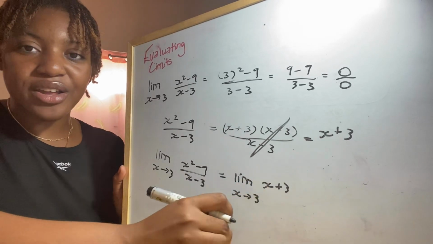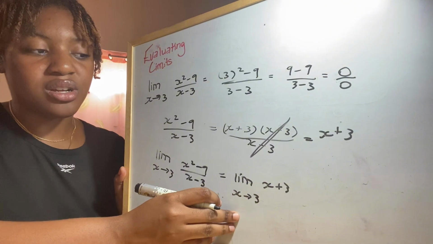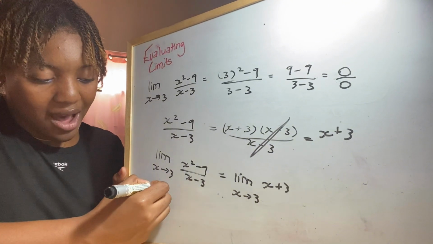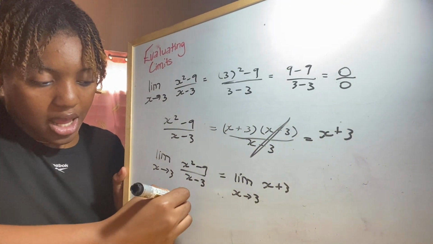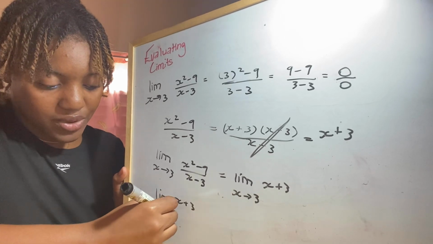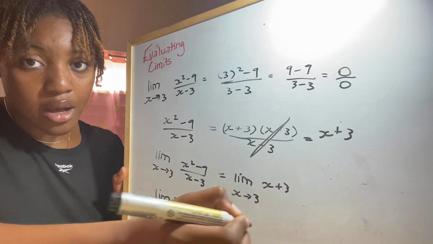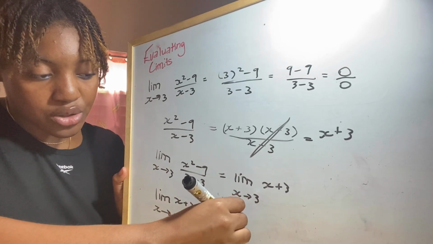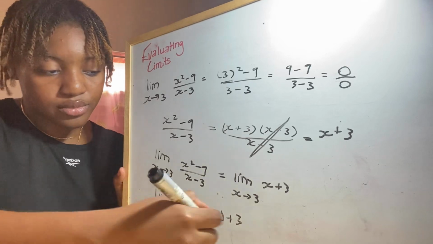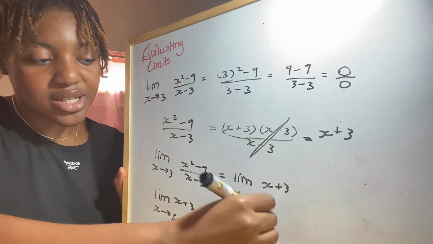And from here, we can use direct substitution. So the limit of x plus 3 as x approaches 3 is equal to 3 plus 3, and 3 plus 3 we know is 6.